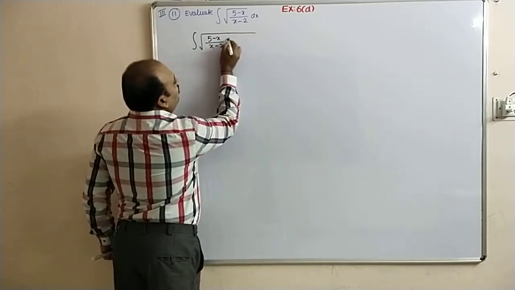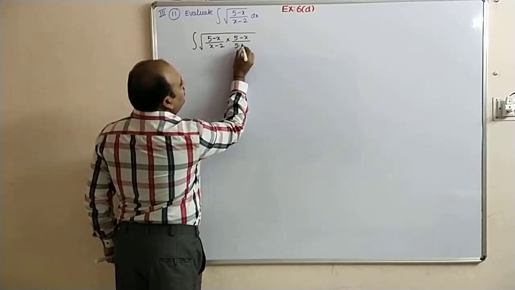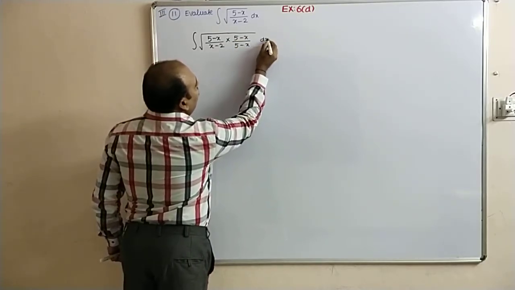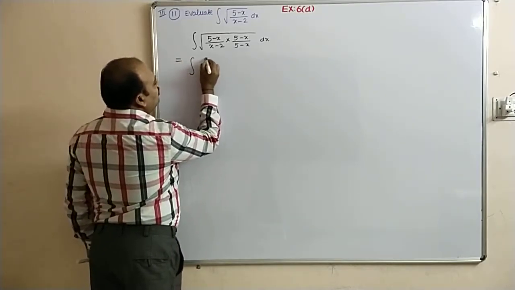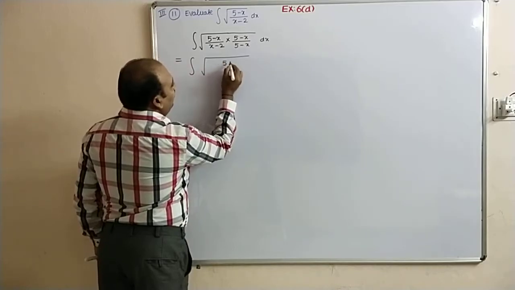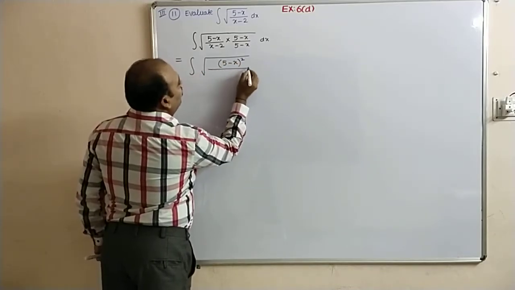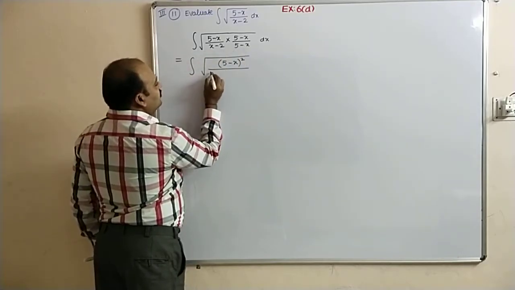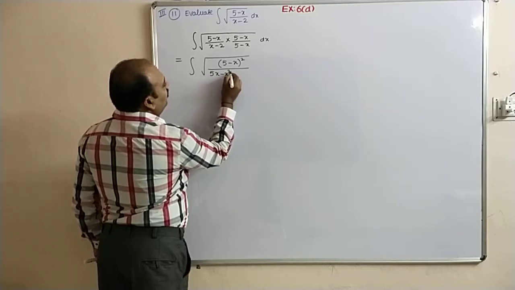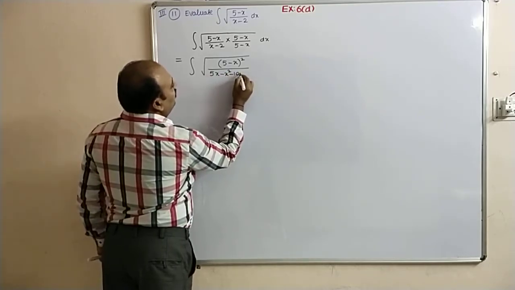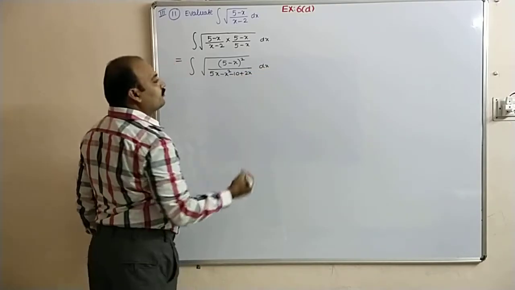So, 5 minus x divided by 5 minus x into dx. So it will become integral square root of 5 minus x whole square divided by 5x minus x square minus 10 plus 2x into dx.